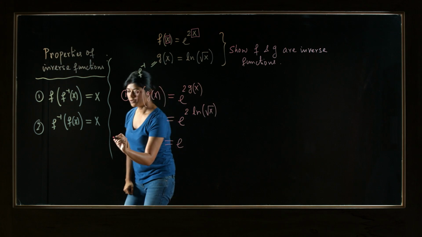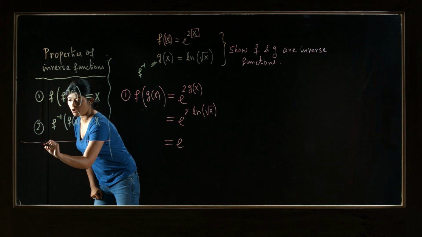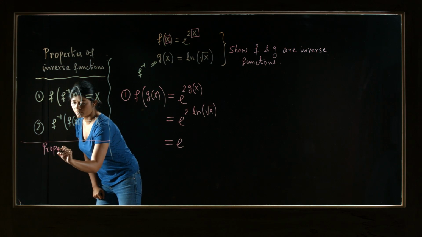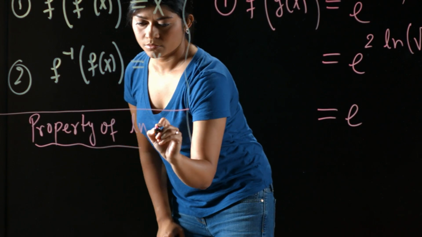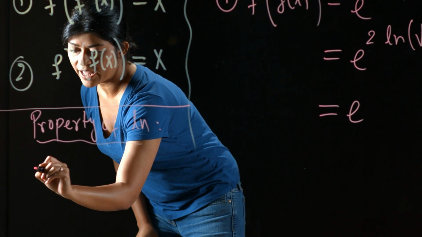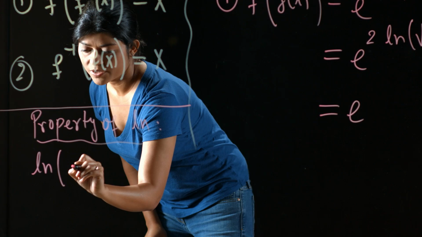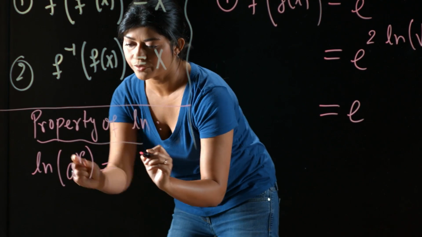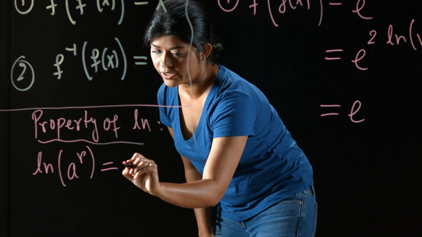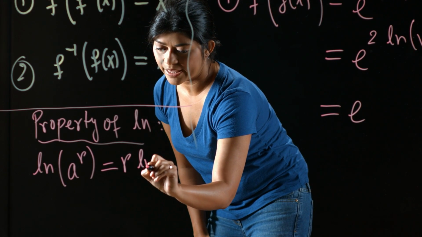Let me remind you of a property of natural log. It says that if you have ln of a to the power r, then that is equal to r times ln of a. You can bring the r down from the exponent.